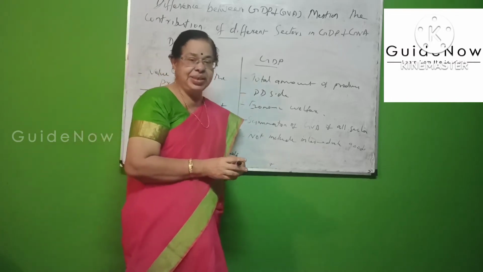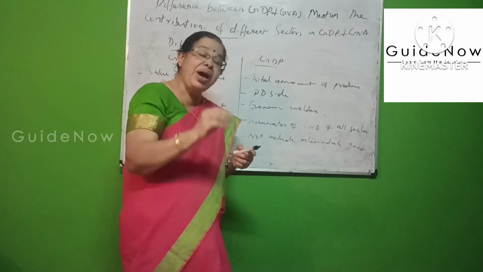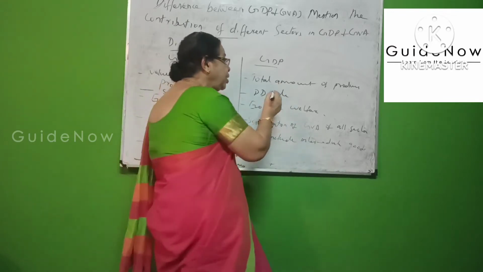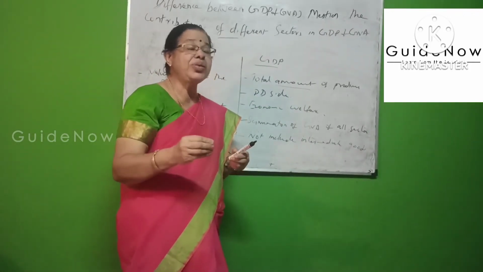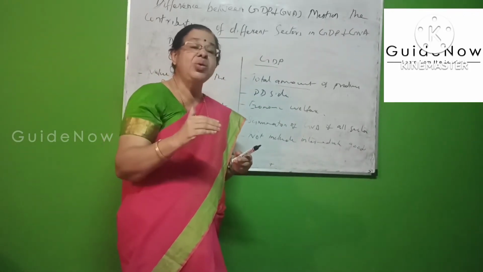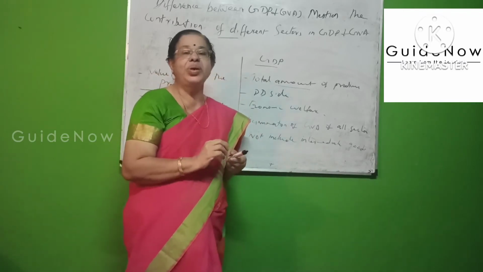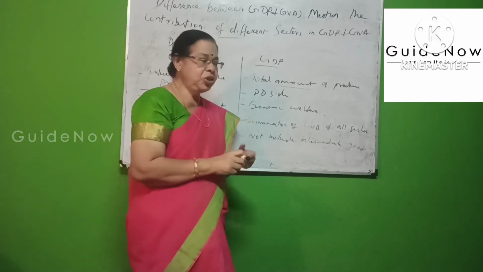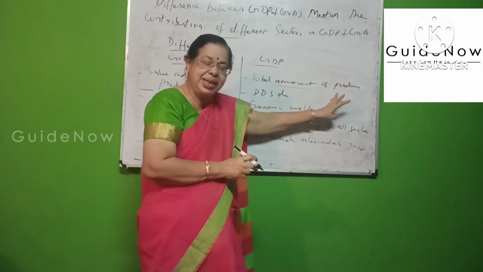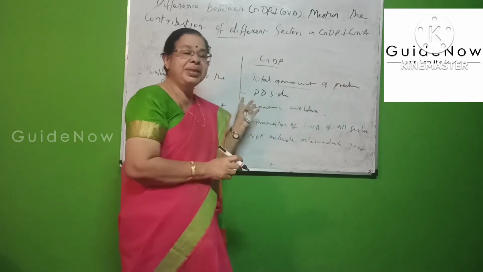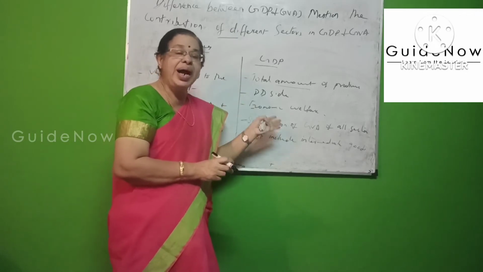But in the case of GDP, it is not only the value added, it includes the total amount of the product. It only includes the finished products or final goods, and does not take into account the intermediate product. So the total amount of product is considered in the case of GDP, but in the case of GVA it only includes the gross value added to the product.